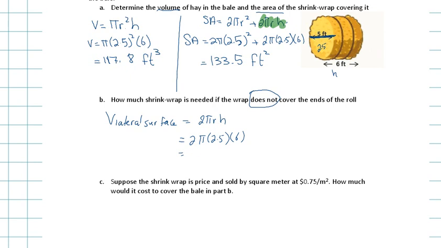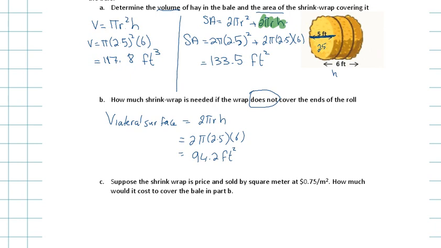And remember, the units for surface area is units squared. Now suppose the shrink wrap is priced and sold by square meters at $0.75 per meter squared.